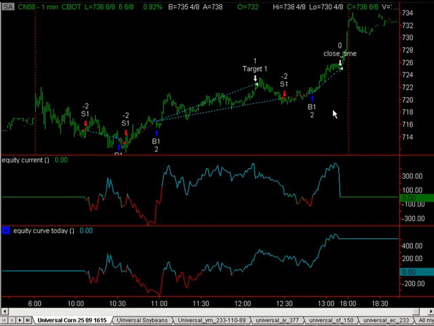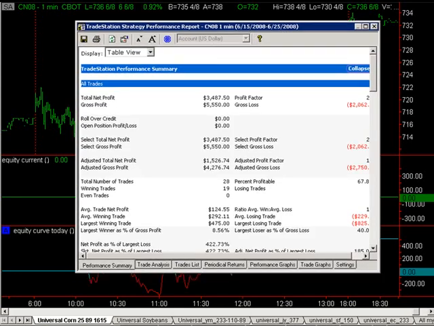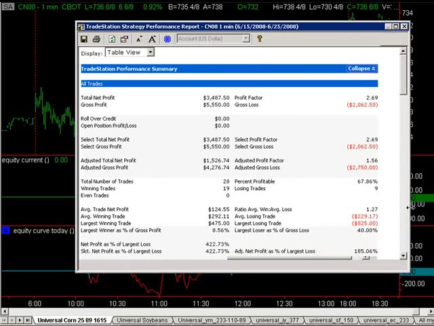Nice thing about system trading is that you can look and see what it would have done historically, as well as you can see what your trades would have been had you taken them automatically in your account. To do this, we can open a strategy performance report, and that shows us for the 10 days between June 15th and June 25th in 2008, this contract would have made a net profit of $3,487 on 28 trades at 67% profitable.